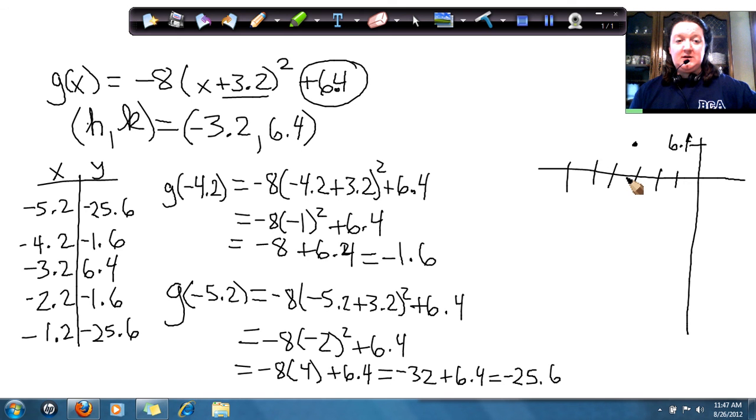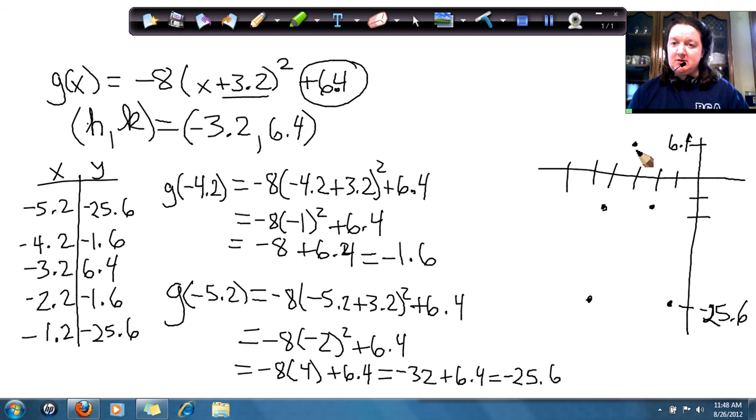By negative 4.2, it's going to be over here, and negative 1.6 is going to be down here a bit. Then negative 2.2 would be over here. If I have negative 1.2, it's down at negative 25.6, so I'm going to write that in, because that's a long way to go. We have negative 1.2 down here at negative 25.6, and we have negative 5.2 over here.